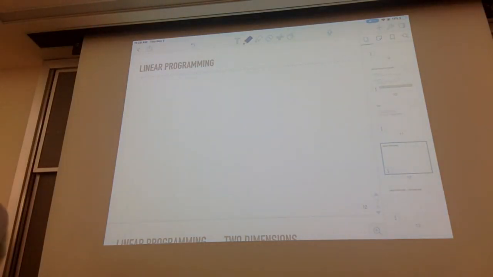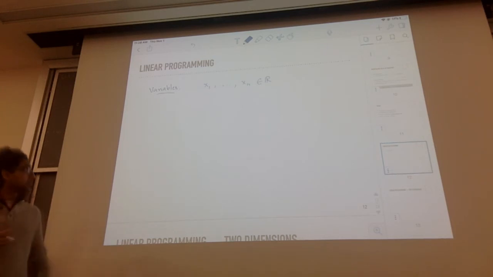Hopefully this will work. Alright, so what is linear programming? You have a linear function. Let me start with variables. I will call them x1, x2 to xn. These are real valued variables. Each xi is a real number.